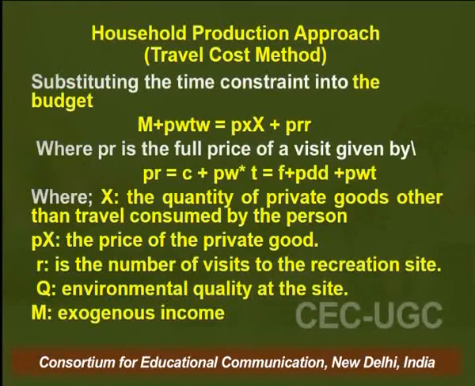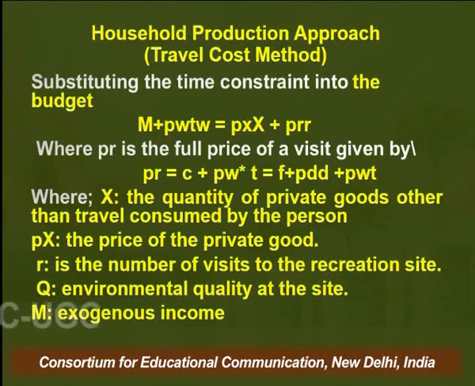That is equated to the expenditure you make on the private good, which is Px into X, plus PR into R. R is the number of visits you are making to that recreation site, and PR is the price of that visit.